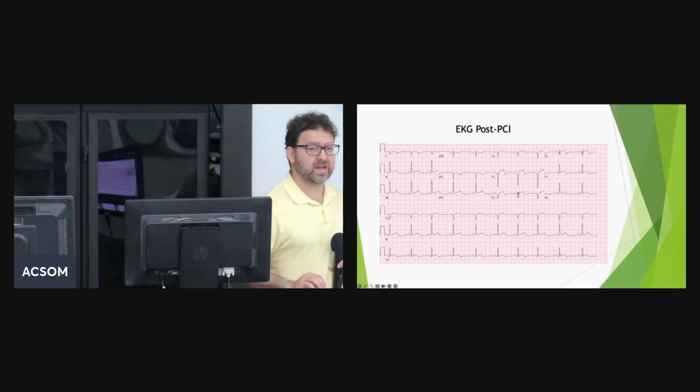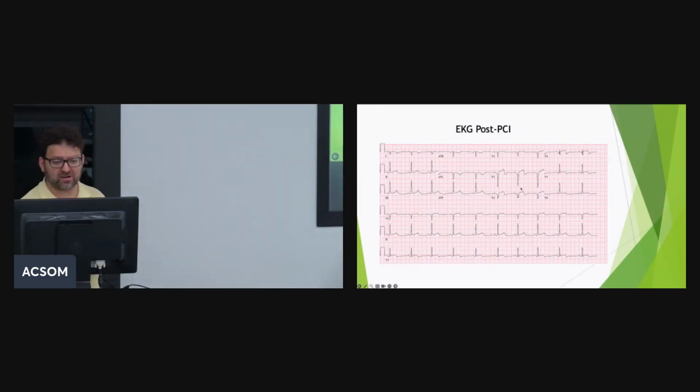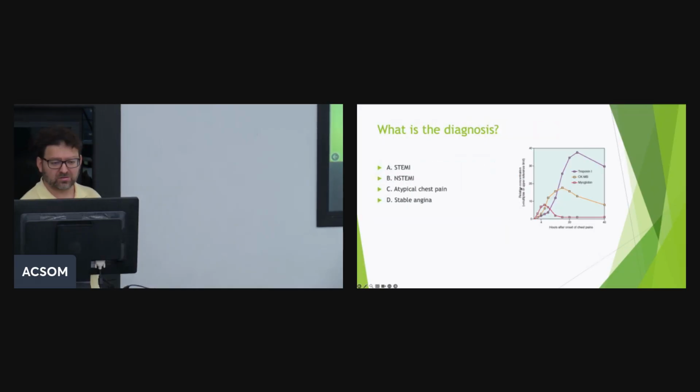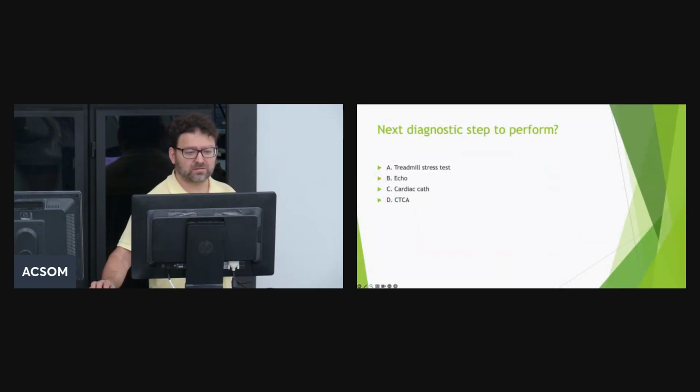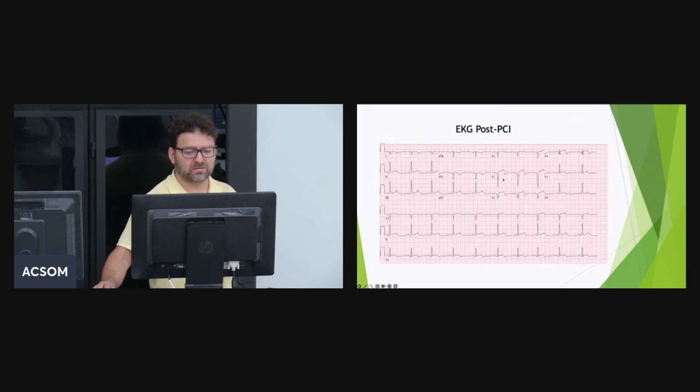It is Q waves. Let me remind the audience, what does a normal ECG look like? Tiny r, big R, big R. Here, I can't really tell if this is a Q or an R, but look at this. There is no R in the anteroseptal leads.